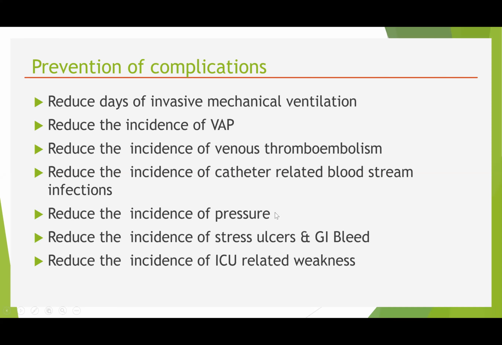Especially when patients are prone, we have to cover the facial areas, and high pressure areas should be protected. To reduce stress ulcers, we have to use proton pump inhibitors or H2 antagonists, and also prevent ICU related weakness. These are all things we have to take care of to prevent complications.